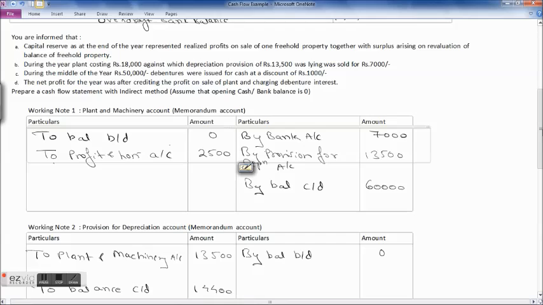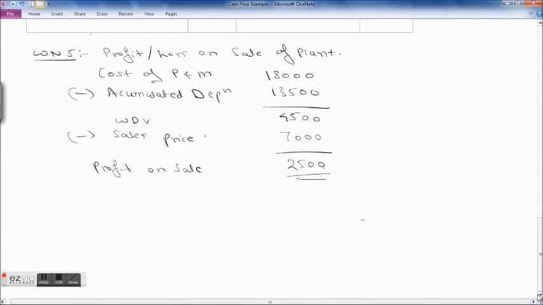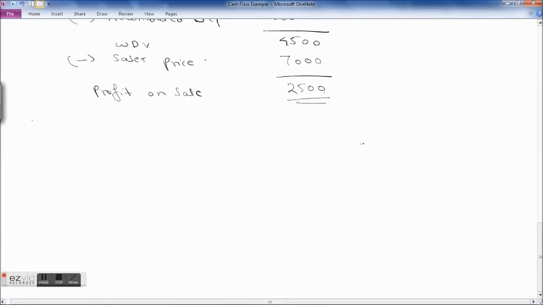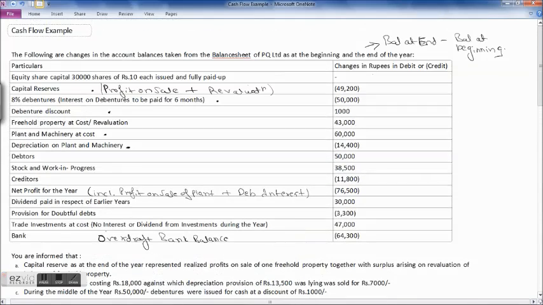Next, during the middle of the year, rupees 50,000 debentures were issued for cash at a discount of 1,000. Okay, so working note number 6 will calculate interest on debentures. So debentures were issued during middle of the year, so interest on debentures will be for 6 months. So let's see what is the amount of debenture. 8% debentures, 50,000.